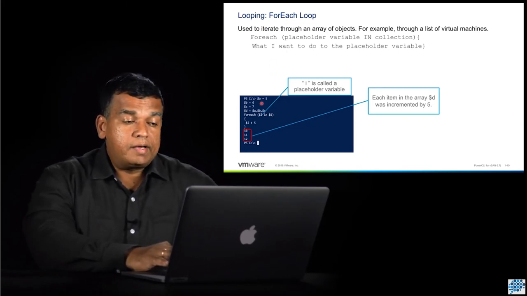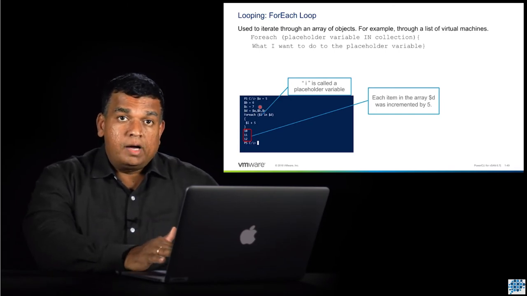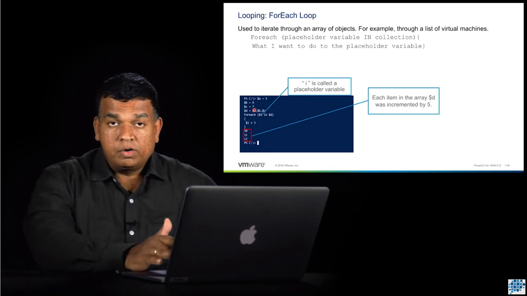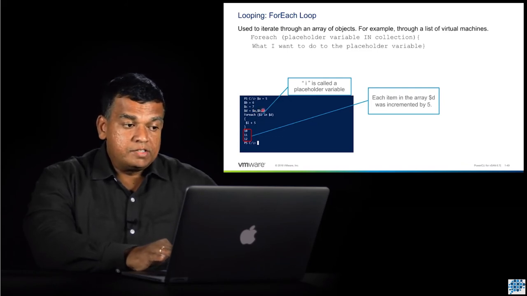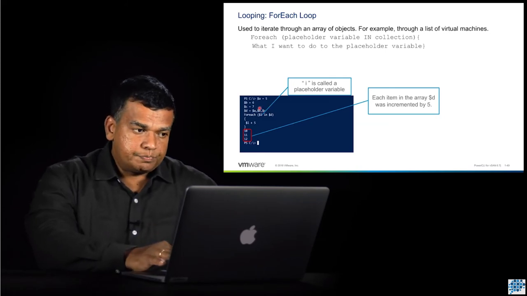Before we talk about an actual PowerCLI example, I just want to clarify this using a normal PowerShell example, where we are not doing anything to your VMware environment. Let's take a very simple example of PowerShell and how the foreach is utilized.